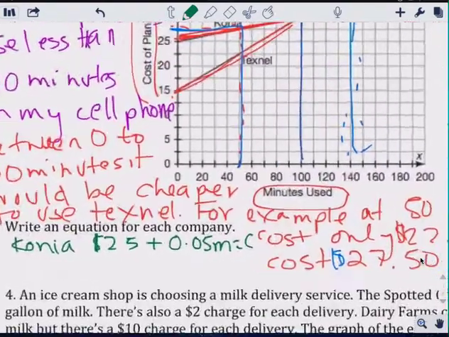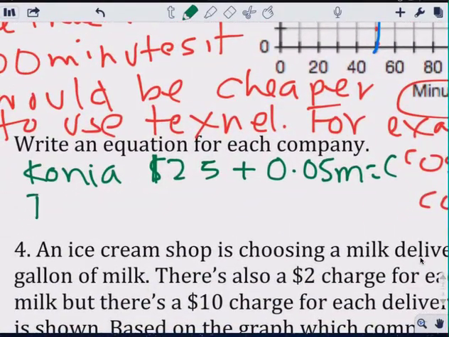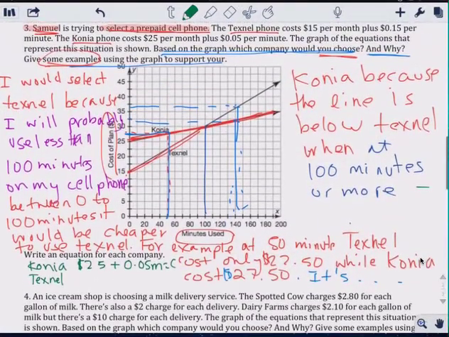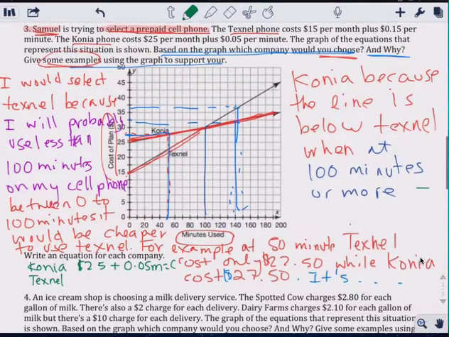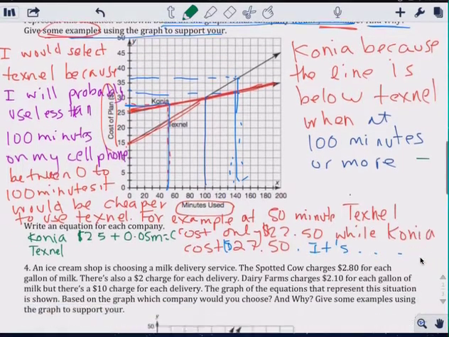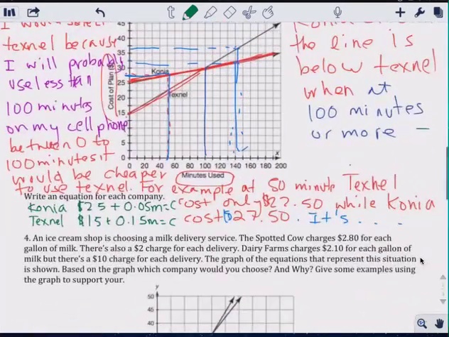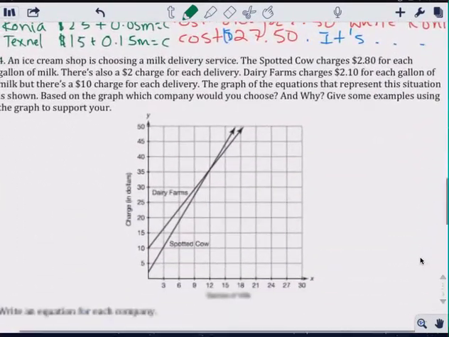Okay, Text Nil is $15 per month plus 15 cents per minute. That's going to equal their total cost. That's the equation.